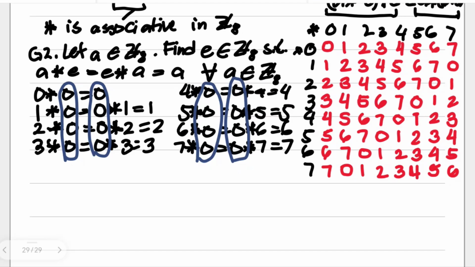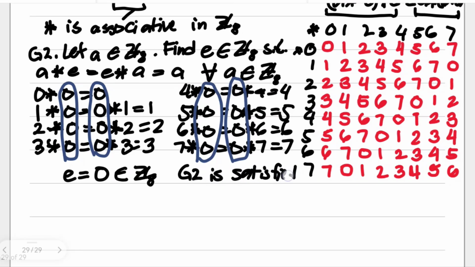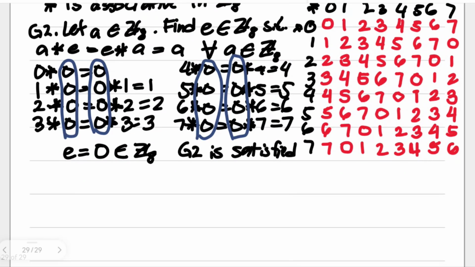We can say that our identity element here is 0, and since 0 is an element of Z8, G2 is satisfied. G2 is satisfied because our identity element, which is true for all elements in Z8, can also be found in Z8, which is actually 0. With this, let's proceed to G3.